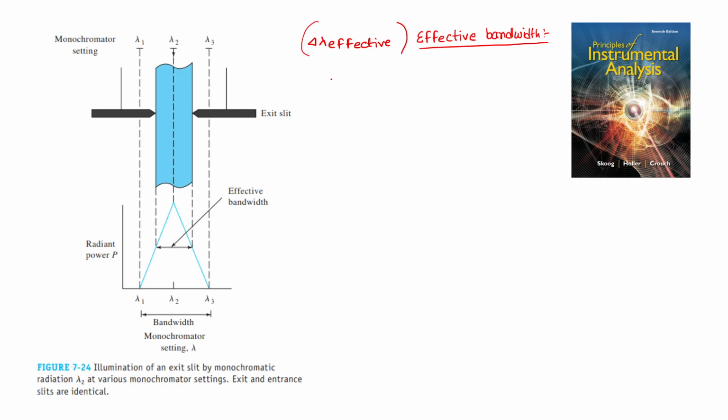We already know that the linear dispersion of the grating with the mirror is D, which I can now write in finite terms as delta lambda by delta y, the finite change in width. And suppose my slit width is W, and my exit and entrance slits are identical.